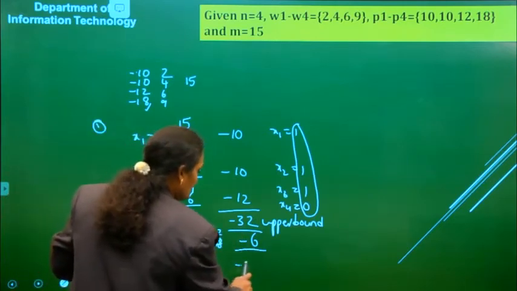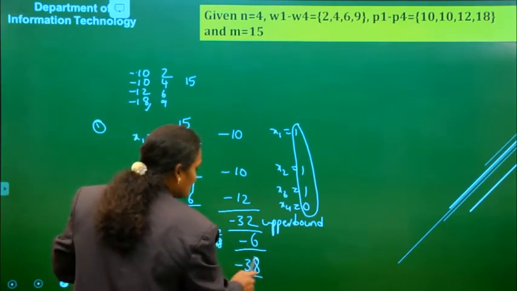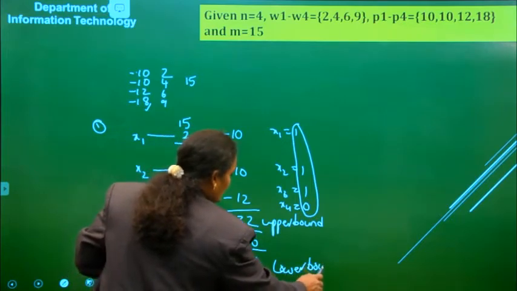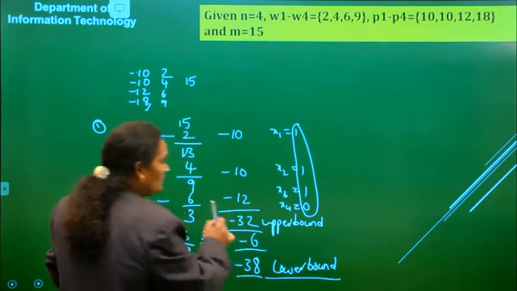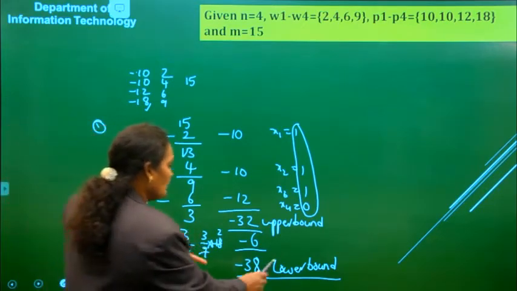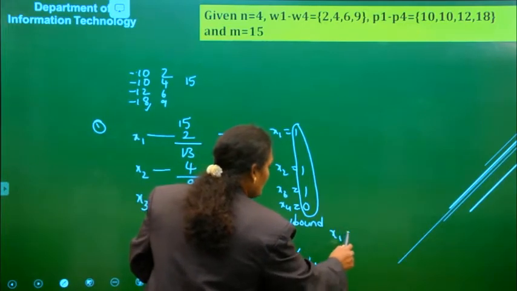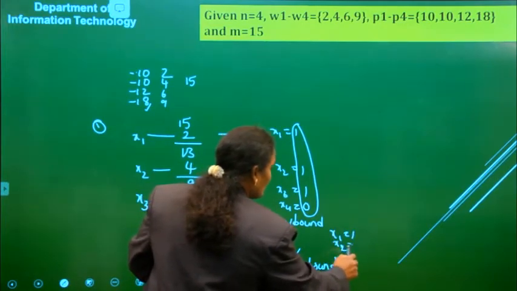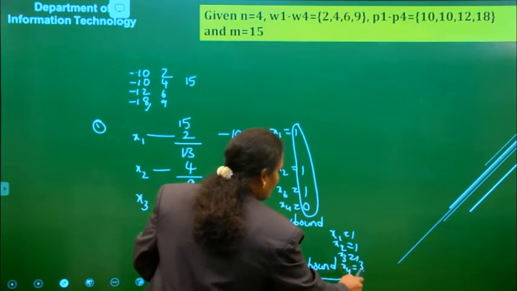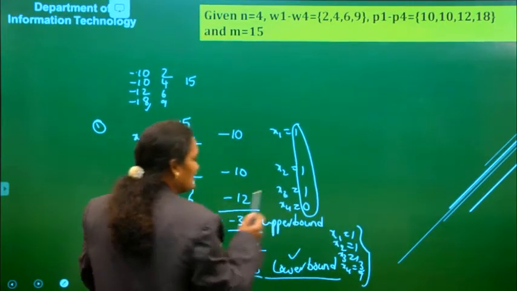Now, by adding these two, what will you get? Minus 38. This becomes the lower bound at node 1. I hope you all understood. In calculating the lower bound, we are considering x1 as 1, x2 as 1, x3 as 1 and x4 as 3 by 9 part.